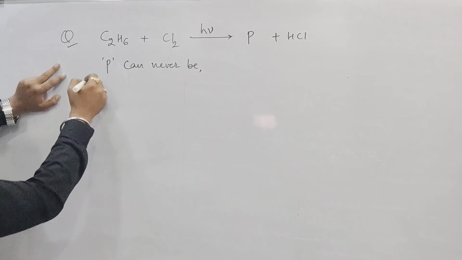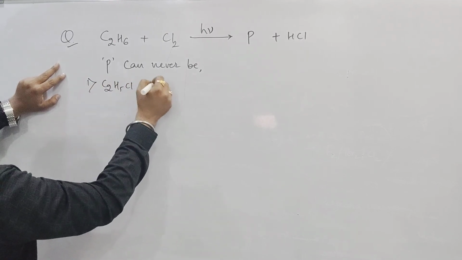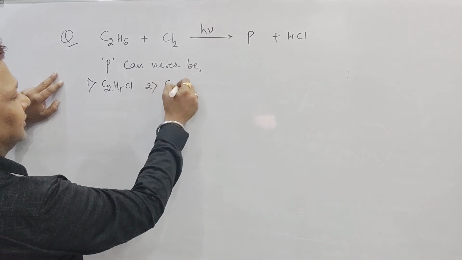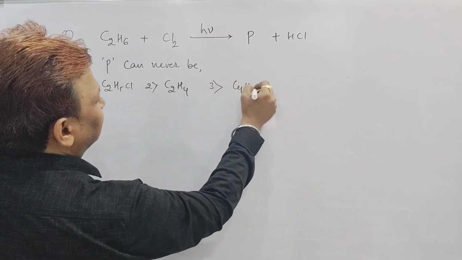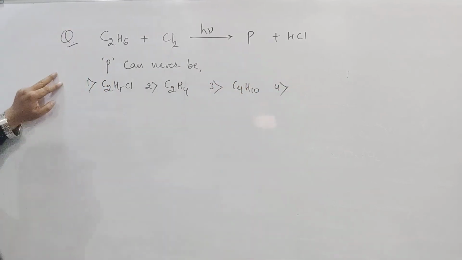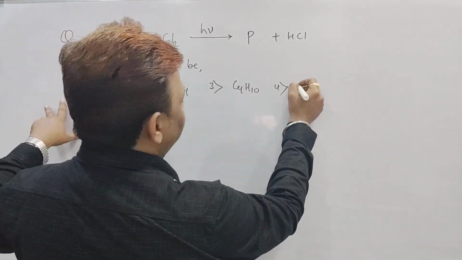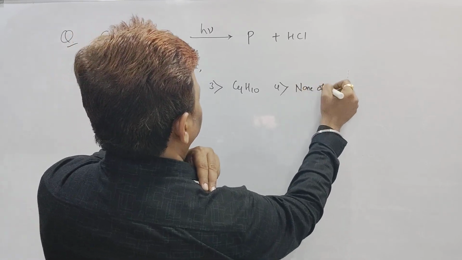First option: C2H5Cl. Second: C2H4. Third: C4H10. Fourth: none of the above.